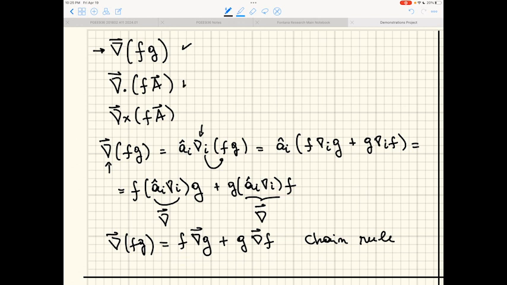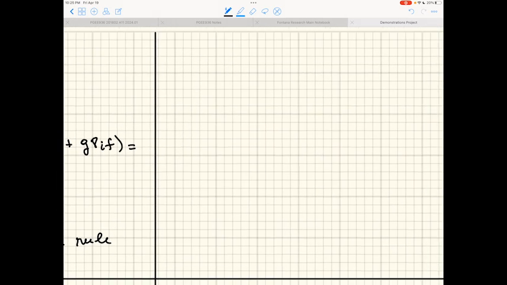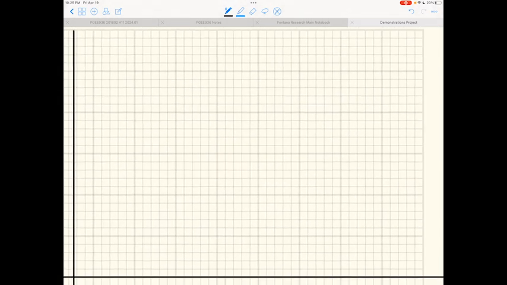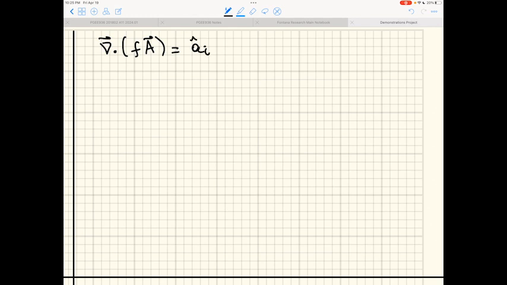Well, let's go to the second one here. The divergence of a function times a vector. Let's again use the repeated indices notation. We're going to have something like this, dot, right?